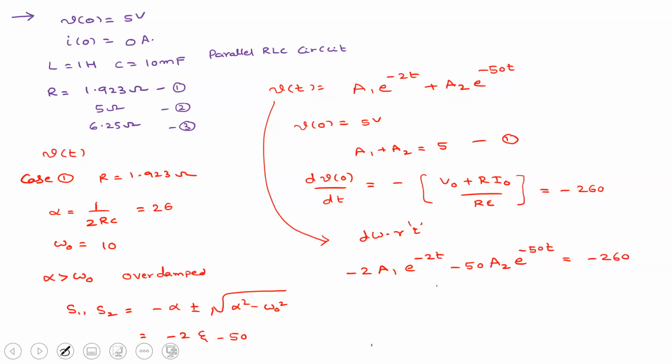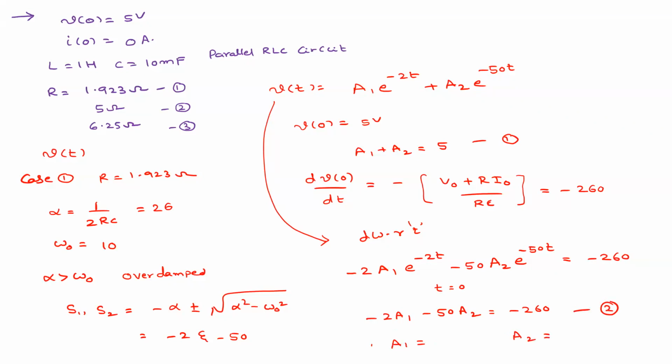Substituting t equal to 0, minus 2A1 minus 50A2 equals minus 260. Agree? This is equation 2. So solve equations 2 and 1 to get the two values A1 and A2.